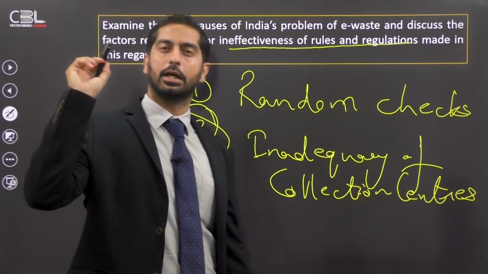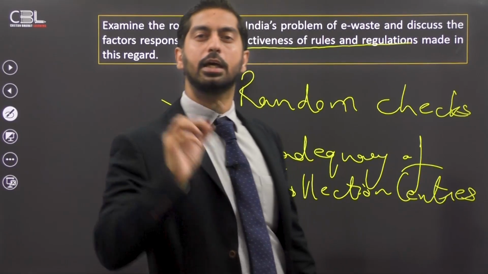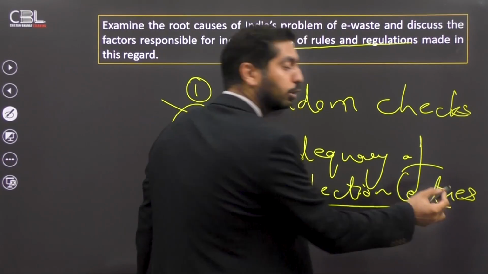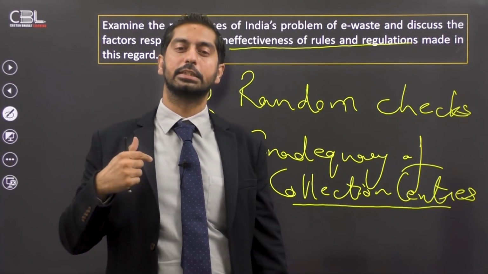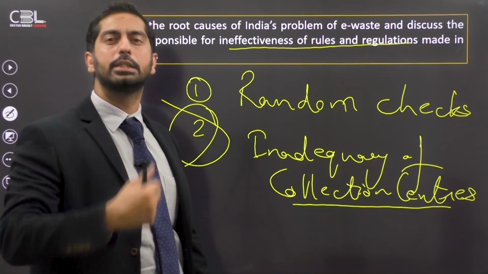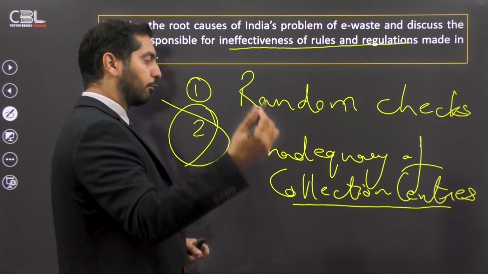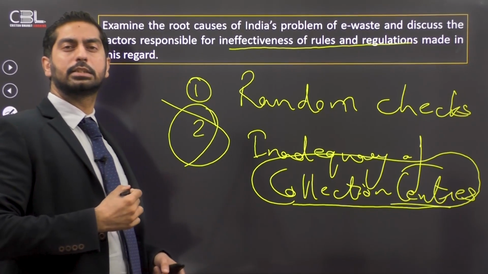Under the same E-Waste Management Rules 2016, the producers were supposed to set up collection centers to collect back the devices from the end users after the end of their life cycle. From where would they collect? They were supposed to set up collection centers.